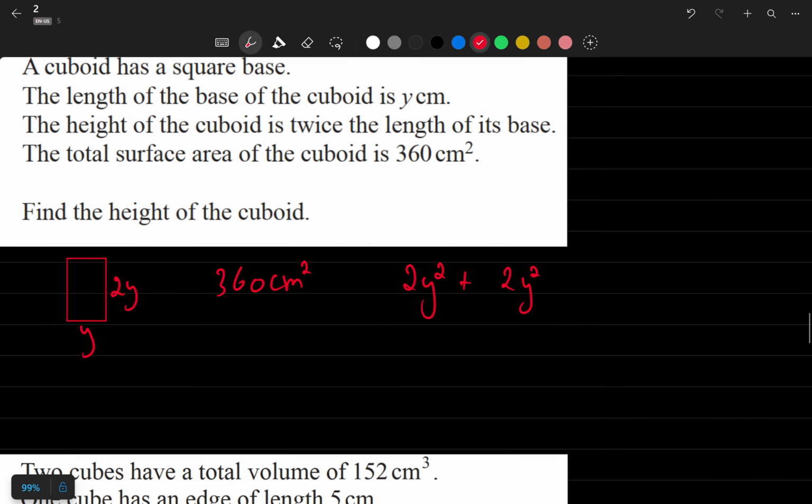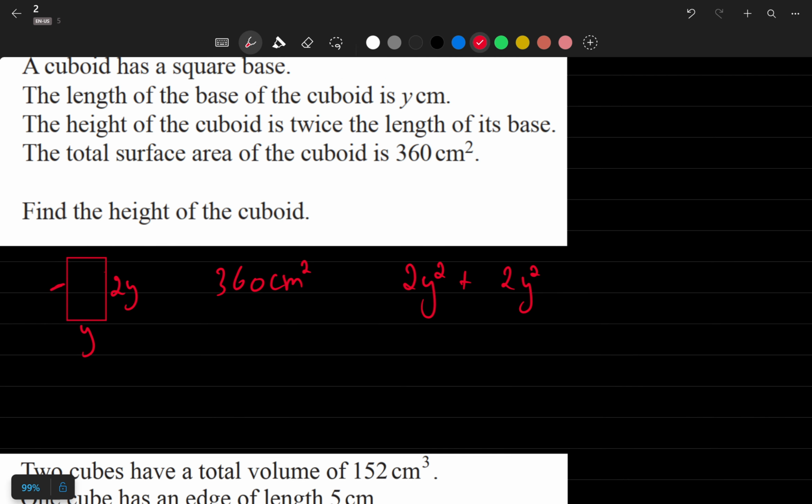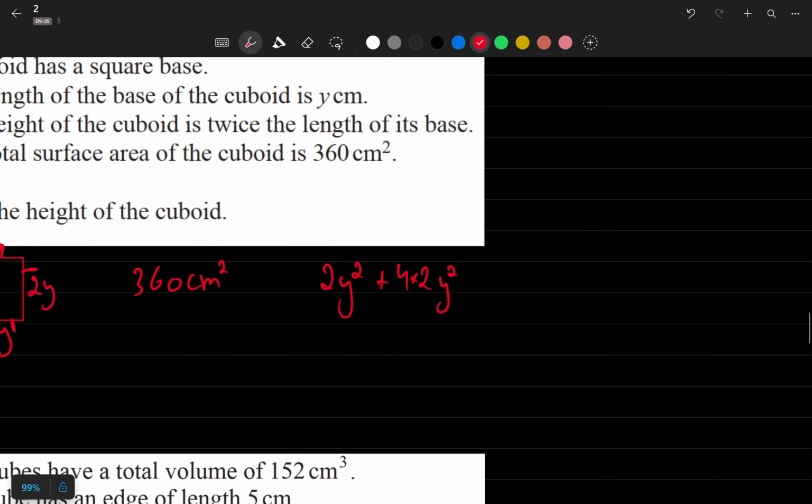Now there are four other lengths, one with this edge, one with this edge, one with this edge, and one with this edge. So multiply 4 with 2y square, which is equal to 360. Now if you add these all, 4 2s are 8, 8 plus 2 is equal to 10, 10y square is equal to 360, y square is equal to 36, y is equal to 6.